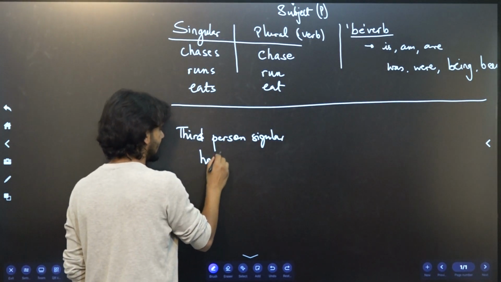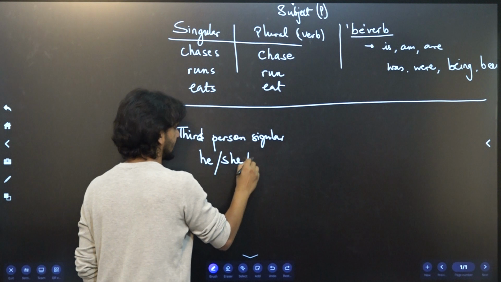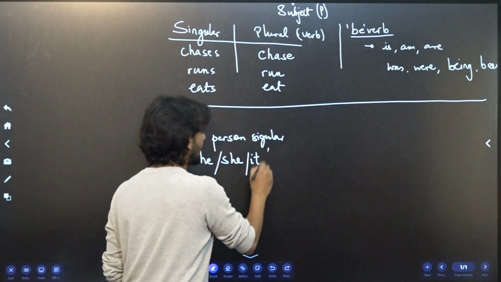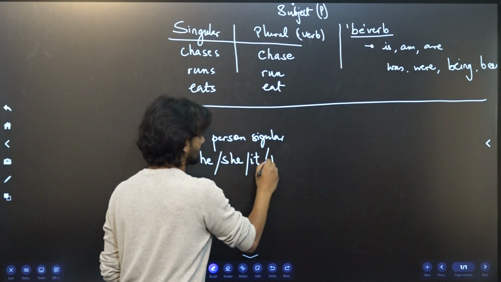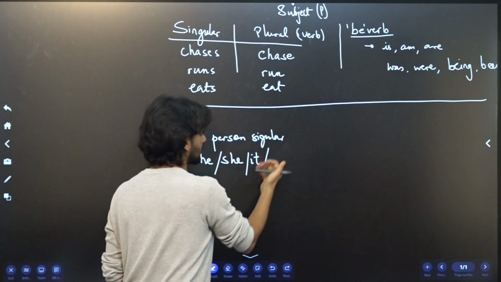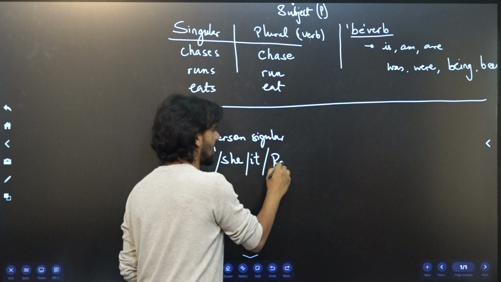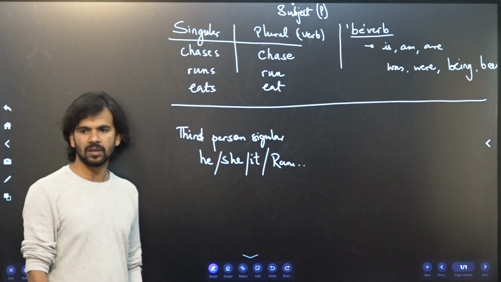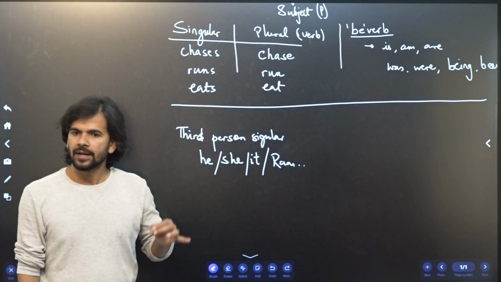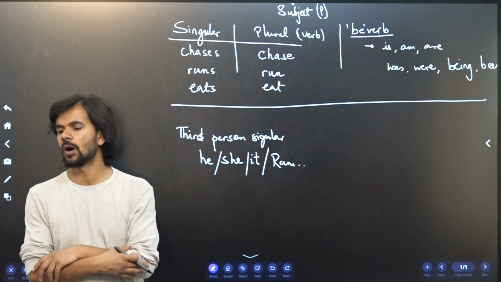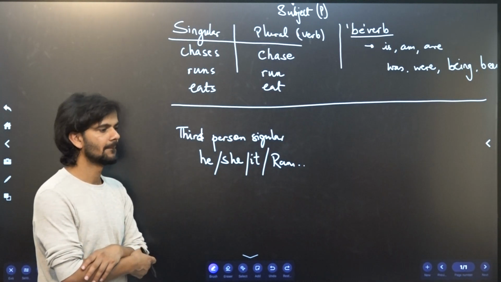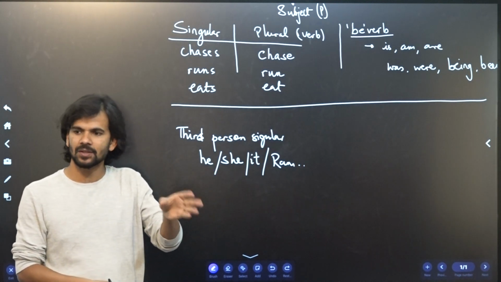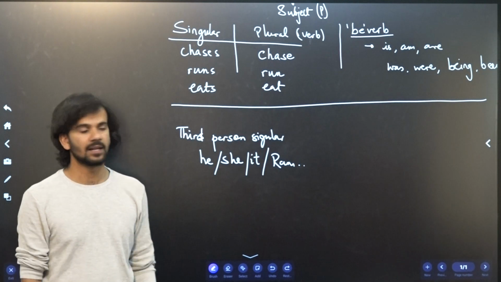He, she, it. Not they, that's third person plural. Ram, Sham, all these names. These are third person singular. It takes what form of the verb? The singular form of the verb, that is with s in general.